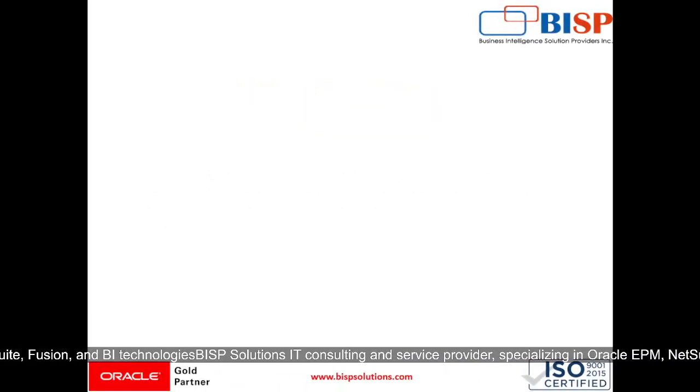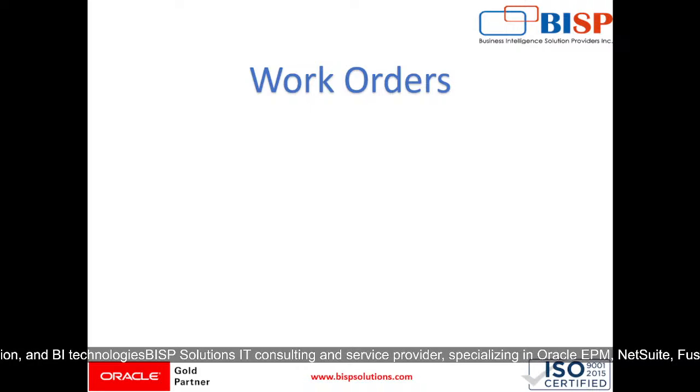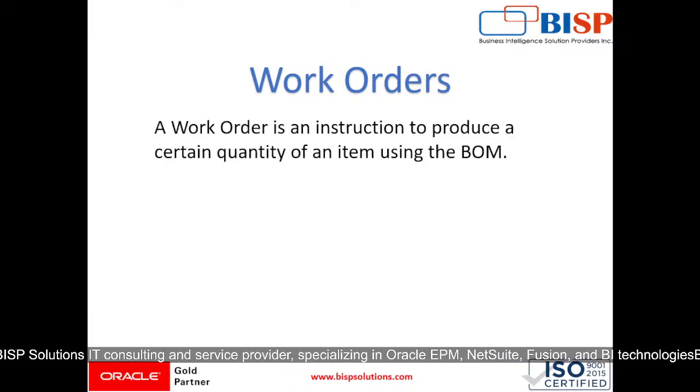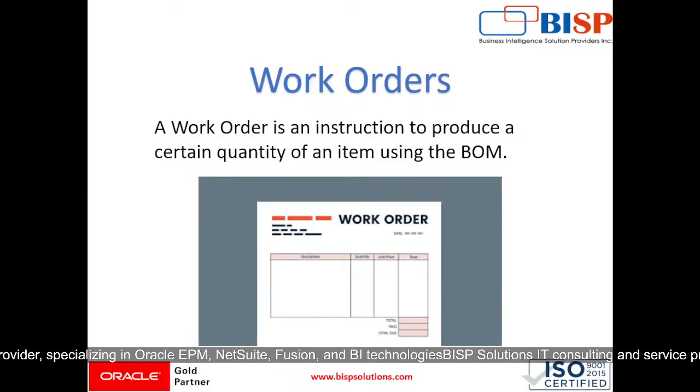Then comes our work orders. So what is a work order? A work order is an instruction to produce a certain quantity of an item using the BOM. For example, if a customer orders 100 smartwatches, Ashish creates a work order for 100 units, instructing the factory to start production.